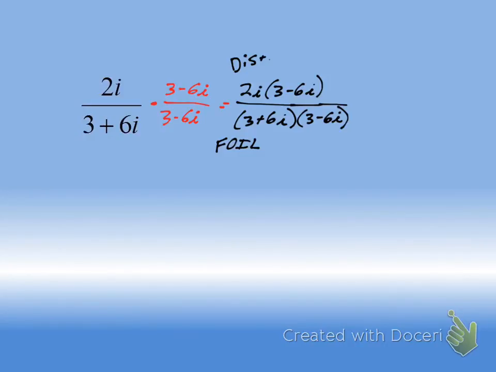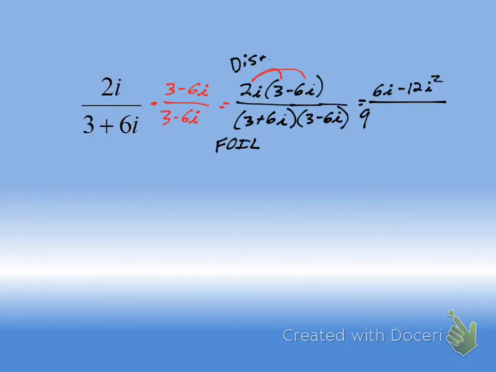Okay. So 2i times 3, 2i times negative 6i. So 2i times 3, 6i, minus 2 times 6, 12, i times i squared. So down below we FOIL. So 3 times 3 gives you what? 9.